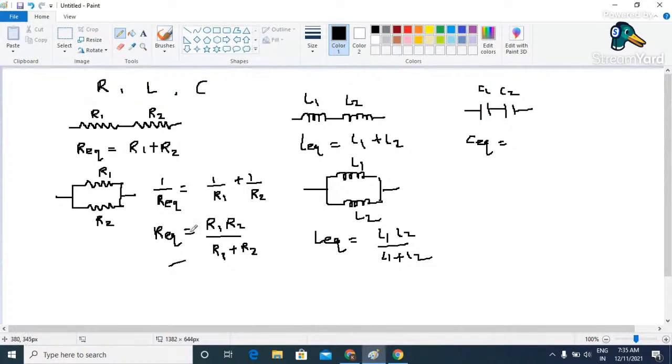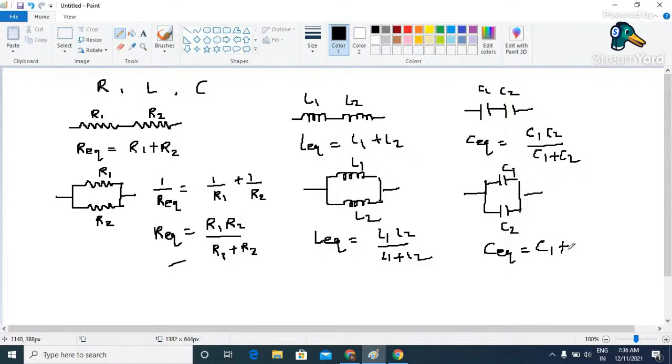The way we solved two resistors or two inductors in parallel, the same logic we need to apply here to find the capacitance when they are connected in series configuration. So it is going to be equal to C1 into C2 divided by C1 plus C2. And if they are connected in parallel configuration like this, where this is C1 and this is C2, C equivalent is going to be equal to C1 plus C2.